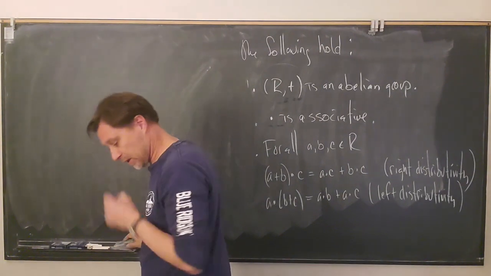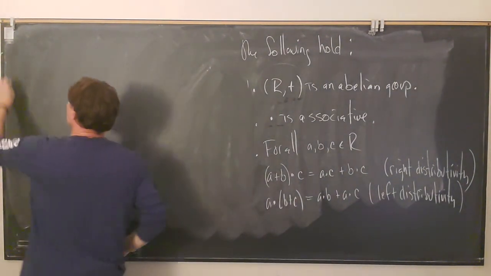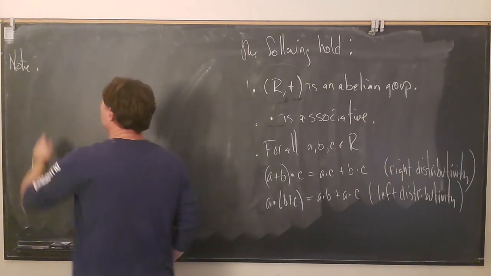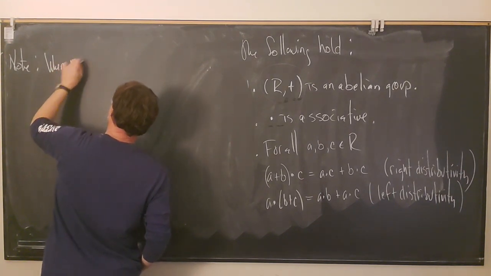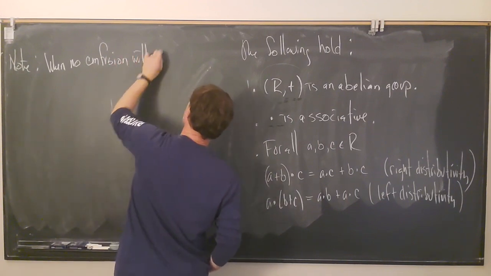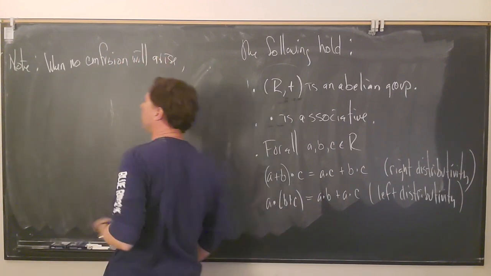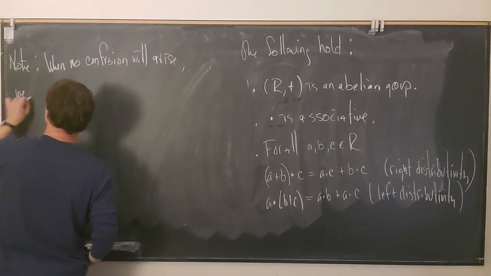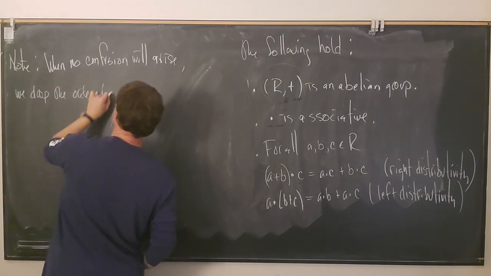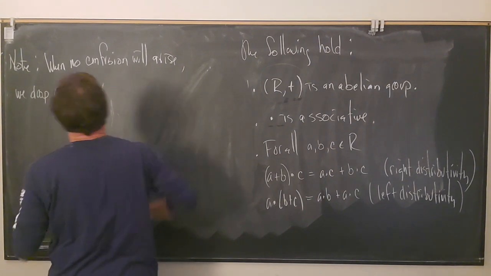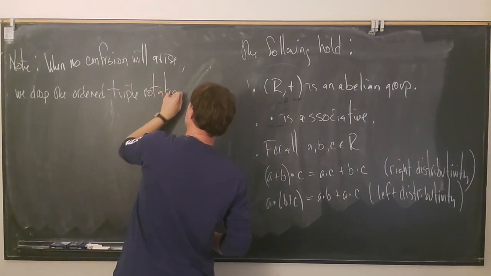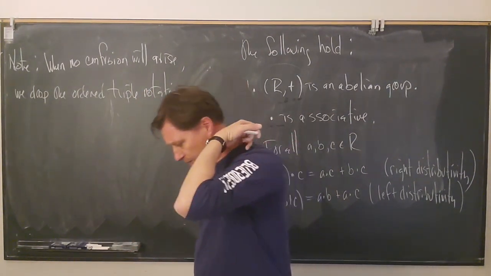So note: when no confusion will arise, we drop the ordered triple notation, in which case we'll just say that R is a ring.